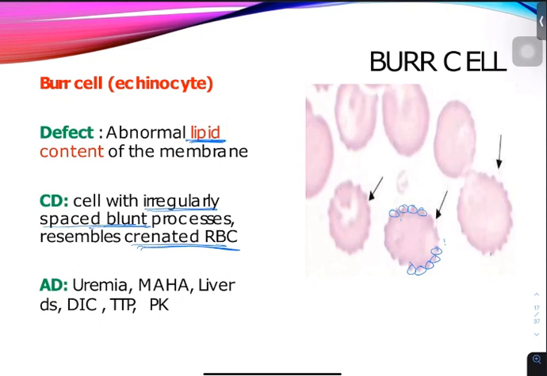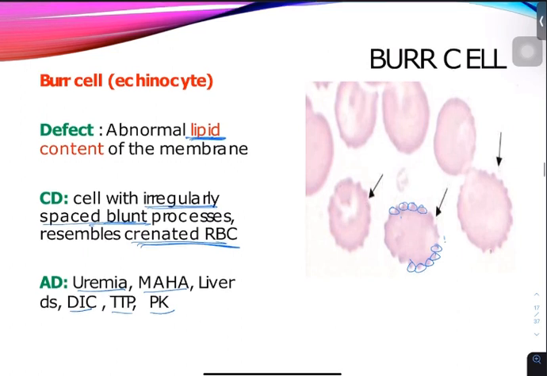Associated disease, your uremia, your MAHA, microangiopathic hemolytic anemia, your liver diseases, your DIC, disseminated intravascular coagulation, your TTP or your thrombotic thrombocytopenic purpura, and your PK or your PK is, I forgot. Okay? Sige. Hanapin natin yan mamaya.